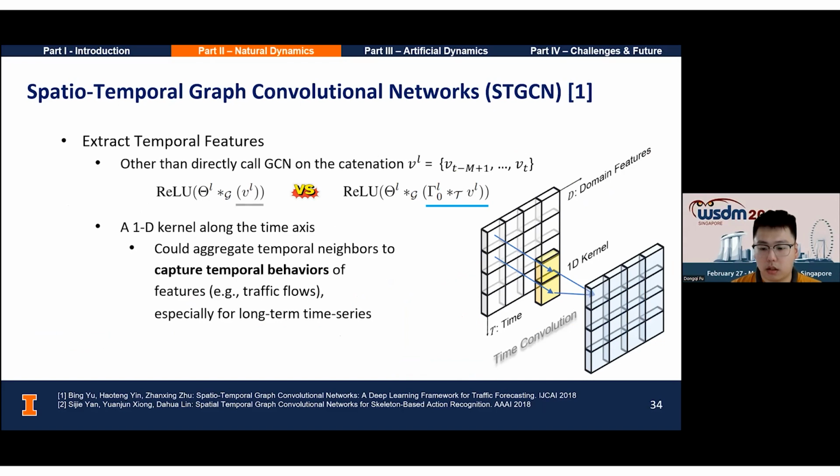But the advantage of applying the time convolution on VL is that a 1D kernel along the time axis could aggregate the temporal neighbors to capture the temporal behaviors of features, for example, the traffic flows, especially for long-term time series analysis.